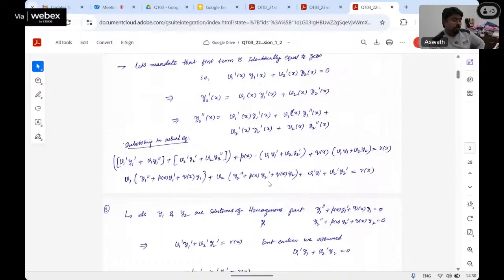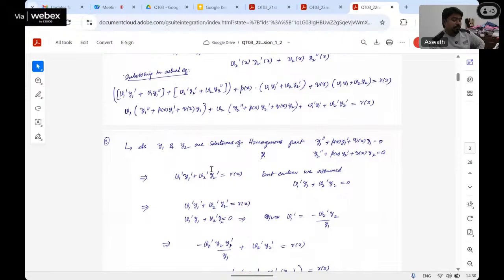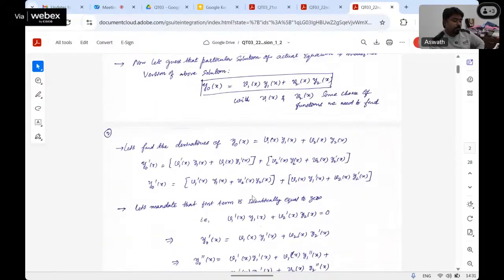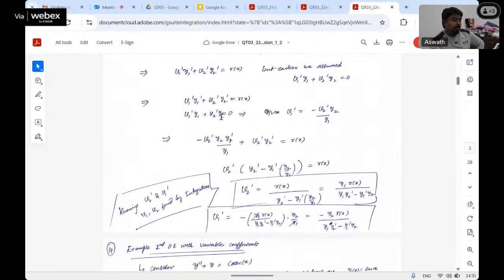So when I substitute, what I'm left with is just v1' y1' plus v2' y2' is equal to r(x). Earlier I mandated the other relation, so if you put that back here, I get two algebraic equations with the derivatives involved. From there I can find v1' and v2'.